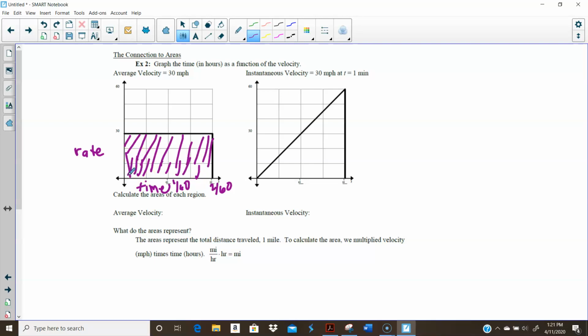All right, so looking at the average velocity, we know that if I were to look at the area of this rectangle, we know area is equal to length times width. And so this story problem, the area would equal the length, which is 2 out of 60, which is the same thing as 1 out of 30, times, and then the height of that is 30.